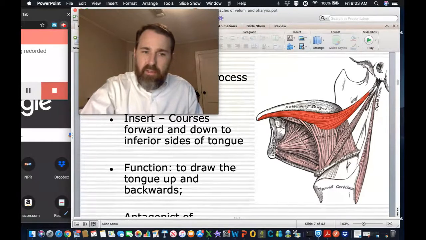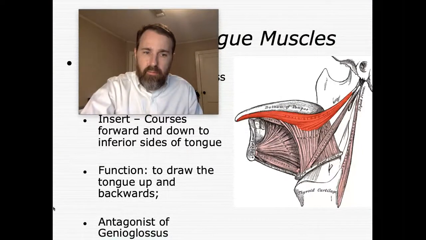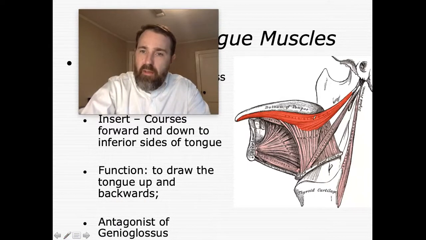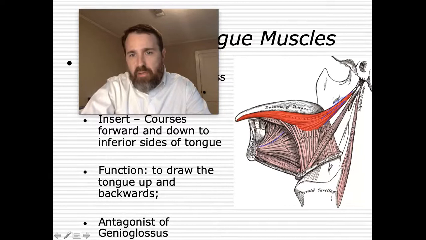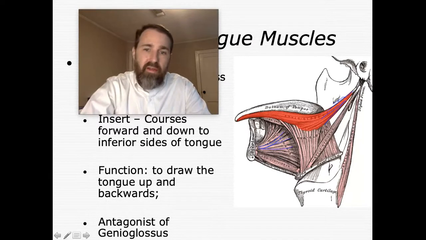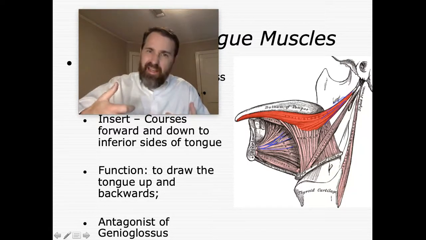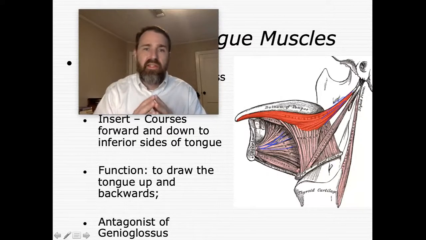And also, if you look at the angle of the fibers of the styloglossus, coming down at this angle right here, and if you look at these fibers of the genioglossus, you can see that some of the fibers of the genioglossus will directly antagonize those muscles of the styloglossus.